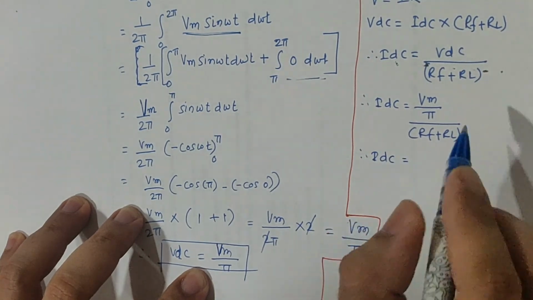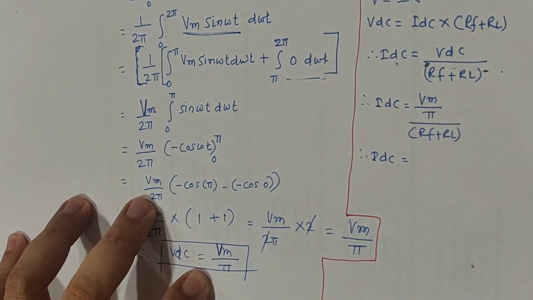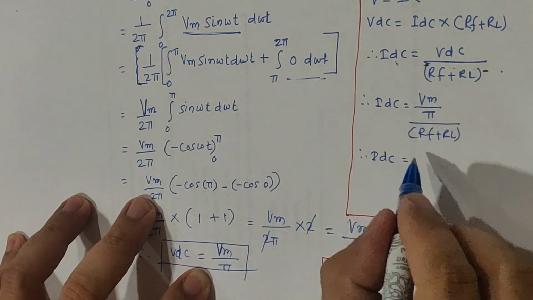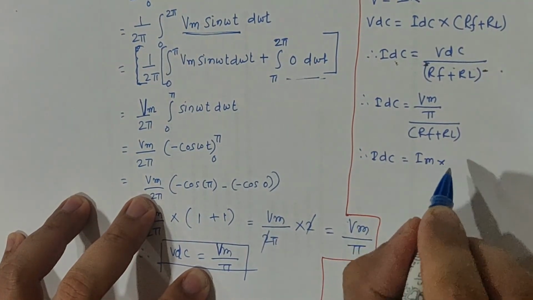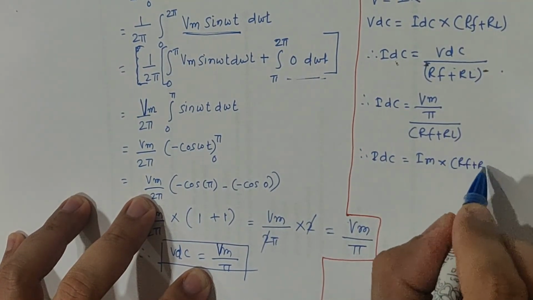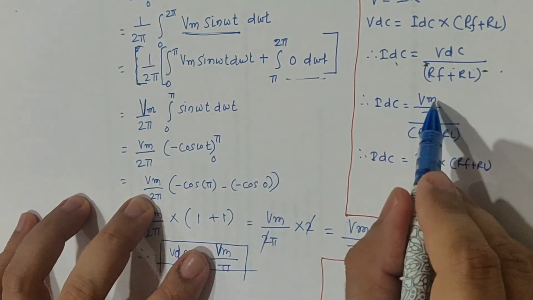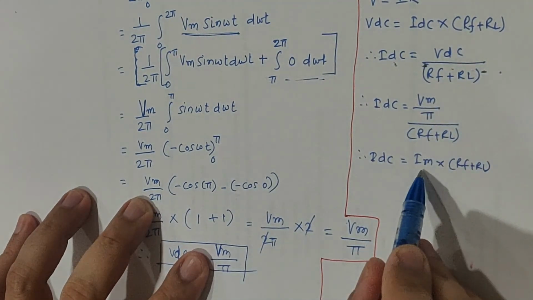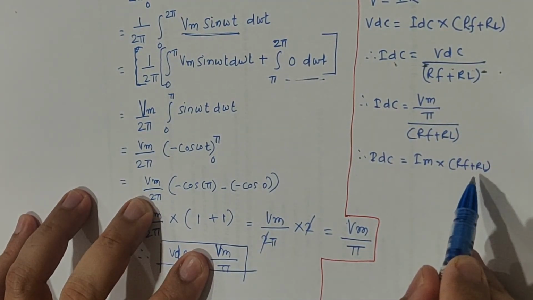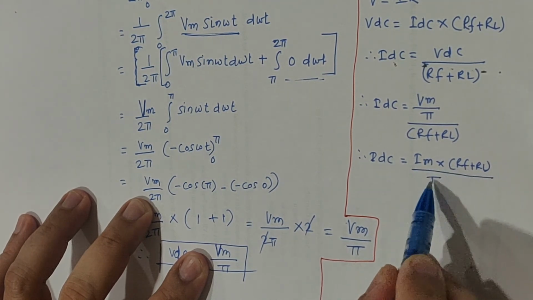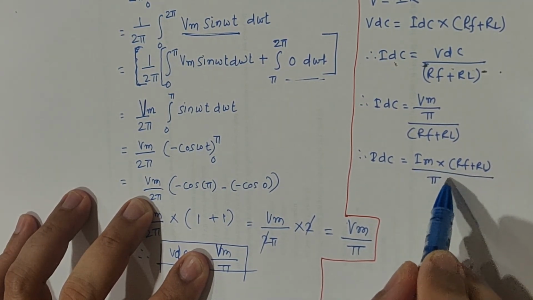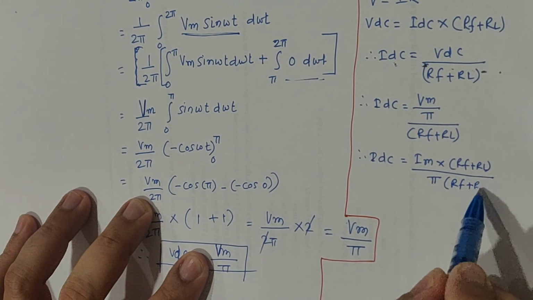For IDC is equal to, but what is Vm? Vm is Im multiplied by RF plus RL. V is equal to IR, so peak voltage Vm is equal to peak current Im multiplied by RF plus RL, divided by pi, multiplied by RF plus RL.